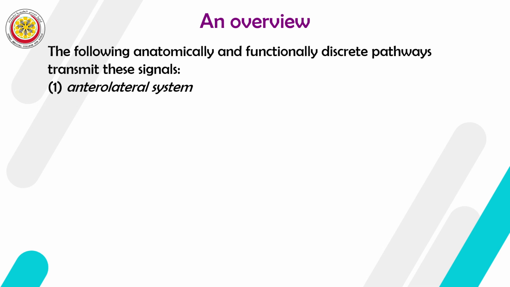When they cross, they either cross to the anterior column or to the lateral column. If they cross to the anterior column, they collect and make the anterior spinothalamic tract, or the lateral spinothalamic tract. Both of them are called the anterolateral system. A reminder. What is the other name for column? Funiculus.